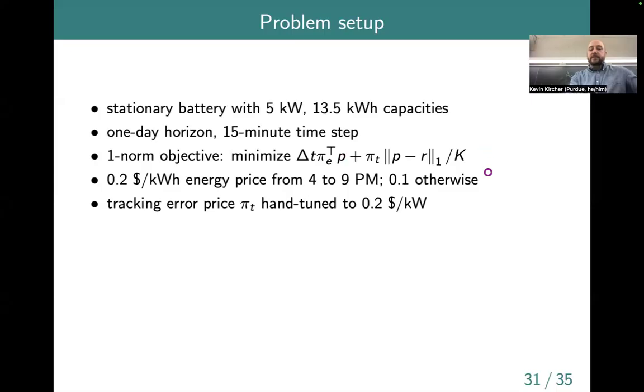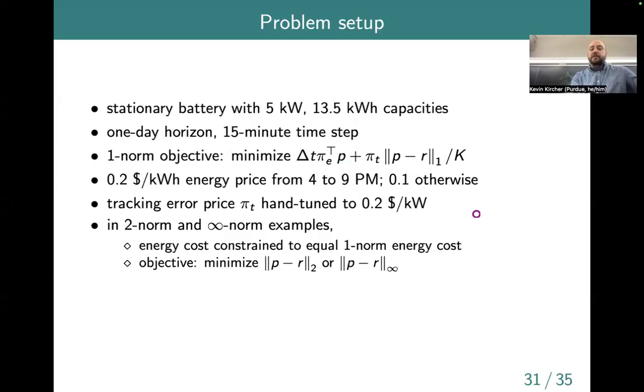Okay, so I'll show you first the 1 norm, or mean absolute error, tracking results. And then I will also show you the results for the 2 norm and the infinity norm tracking problems. And in order to have a fair comparison between the 3 methods, to really showcase the influence of how we measure the missing of the reference that we're trying to track, I constrained the energy cost.